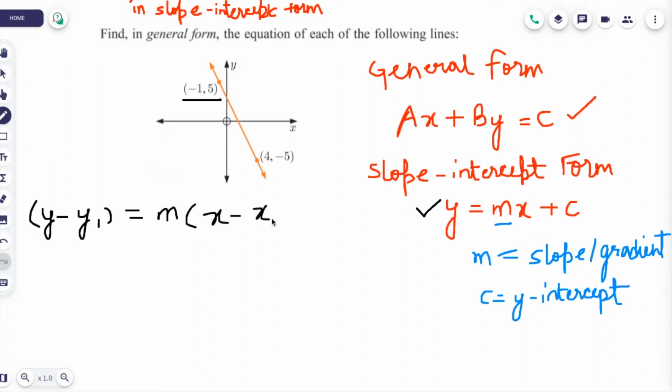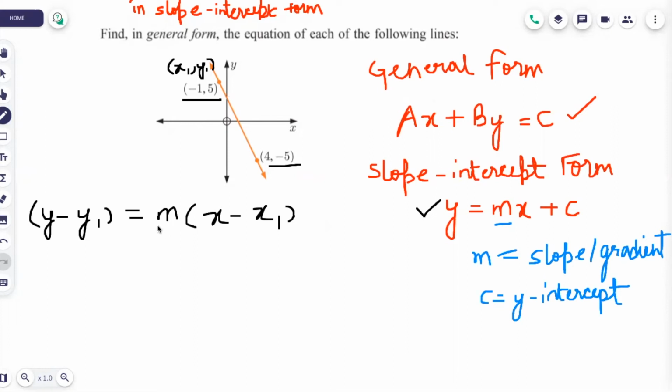You can straight away use this form for getting the equation of the line, which you can rearrange to get the general form or slope intercept form. Here x1 and y1 come from any one set of coordinates, so you can take this as x1 y1 which you see, or you can take the other one as x1 y1. In both the cases you will get the same answers.